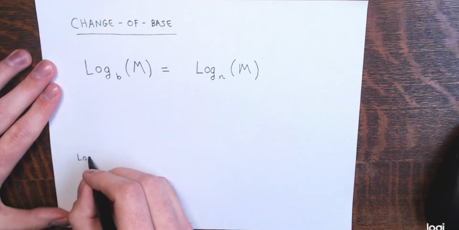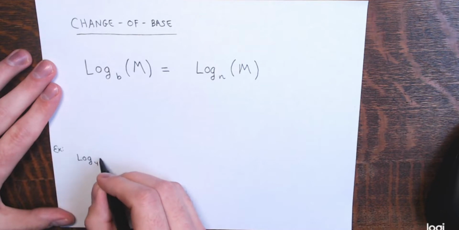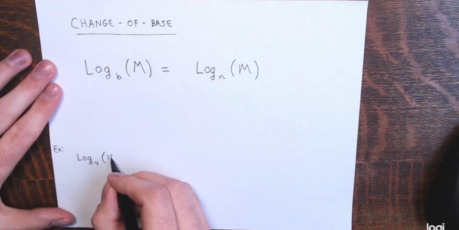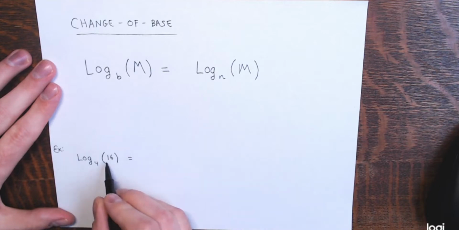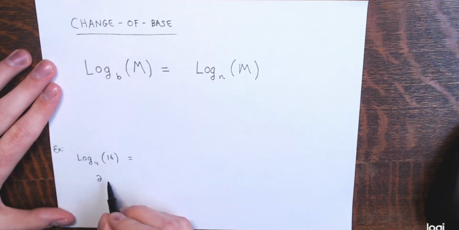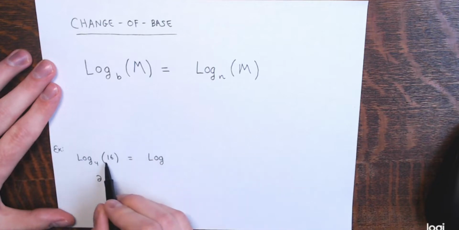For example, the log base 4 of 16, we know this is 2, right? 4 to the second power is 16. Say I decided to change the base 4 to a base 2, just change log base 4 of 16 to log base 2 of 16.